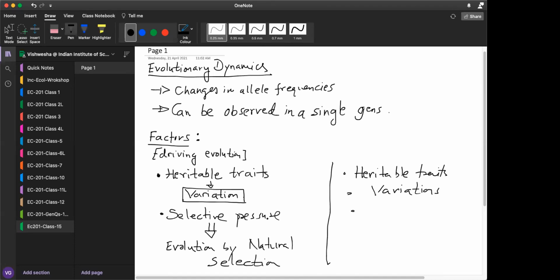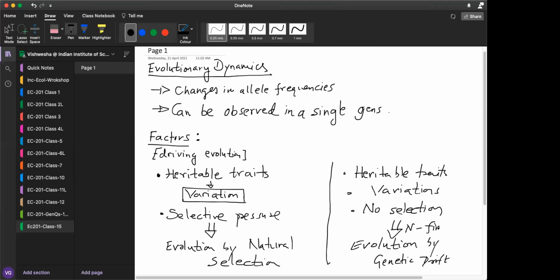It's possible that there is no selection, but under some conditions you can still have evolution. Sampling error in small populations, yeah, by what's called genetic drift. This is true when n is finite.